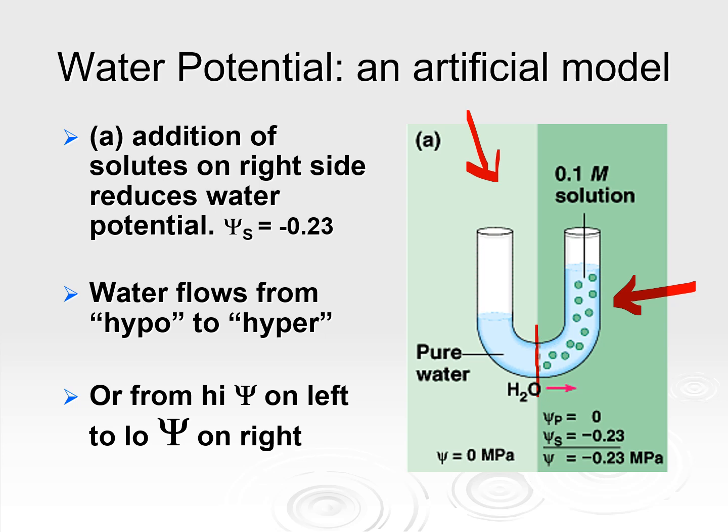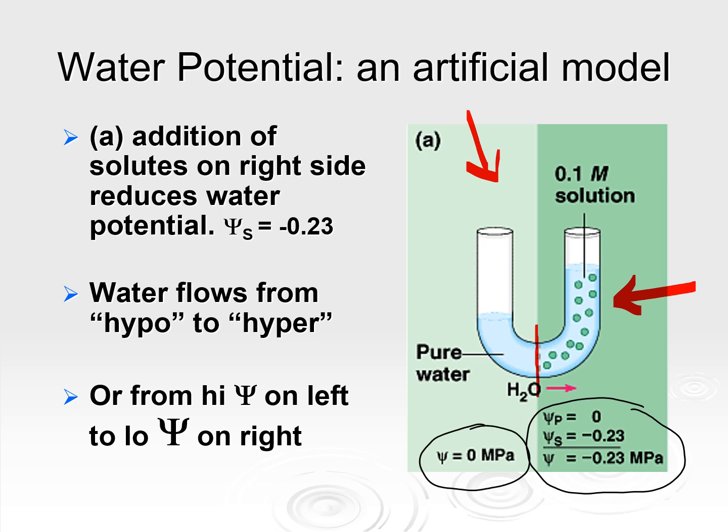If I look closely over here, the solute potential of this tube has been measured at negative 0.23 megapascals. It's in an open container, so the pressure potential is 0. If I add those two together, I would find a total water potential of negative 0.23 megapascals. Over on the left, I have an open tube, so it has no pressure, and it's pure water, so the water potential over here is 0.